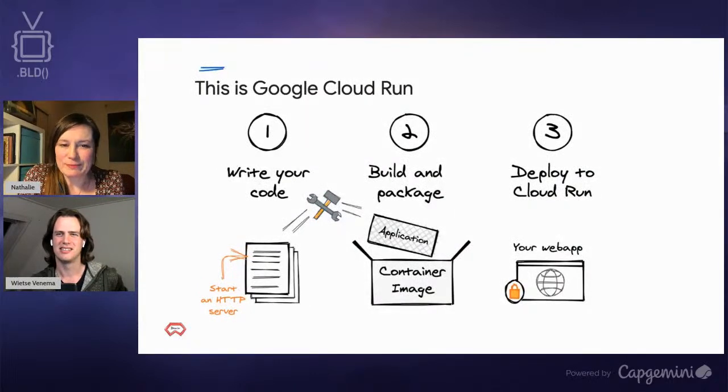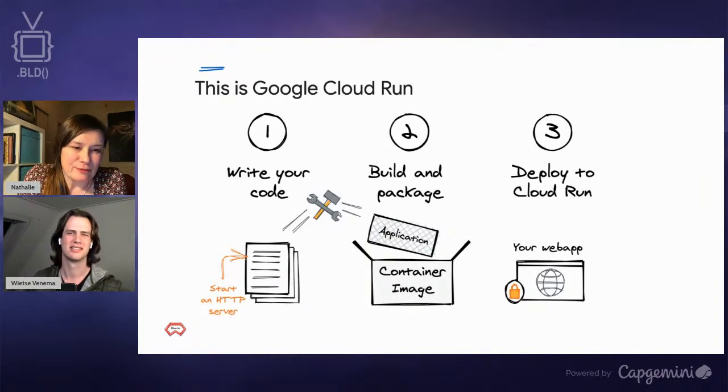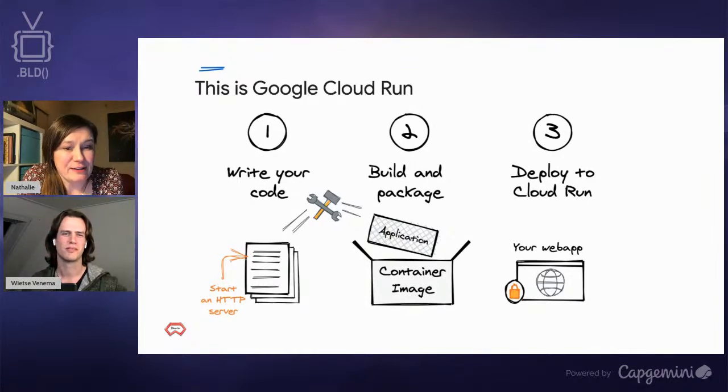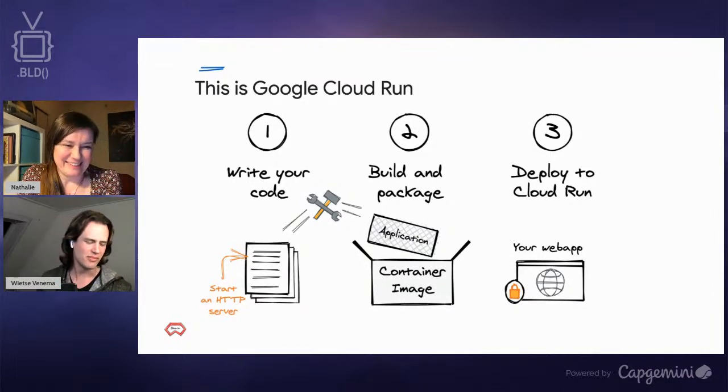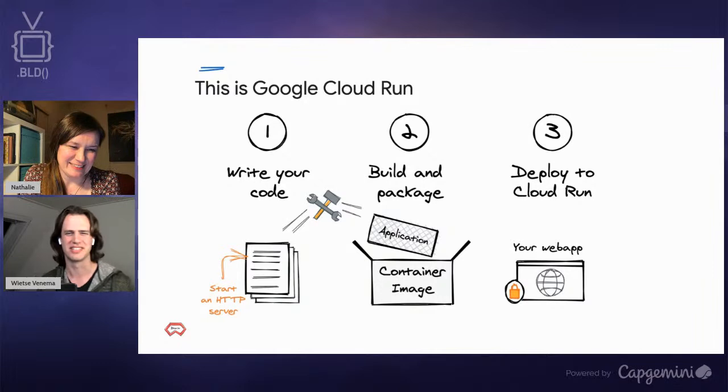So, welcome. Yeah, thank you. I know your biggest project of 2020 was the publishing of your book about Google Cloud Run. Yeah, that was arguably my biggest thing in 2020, because I wrote most of it during a global pandemic with my kids running around because of the school closures, and writing that book has been a great experience so far.